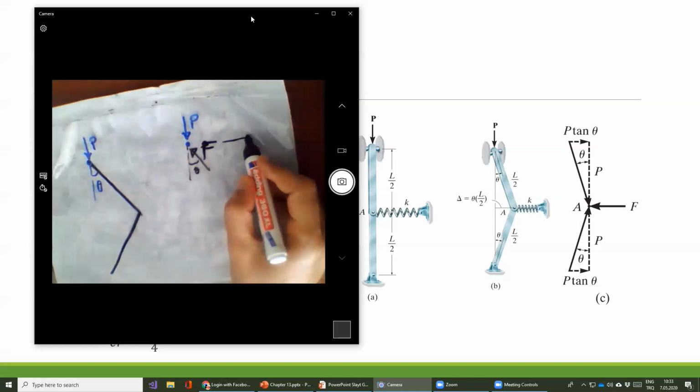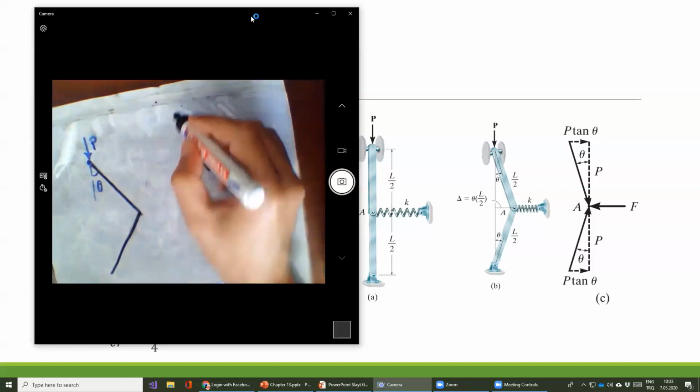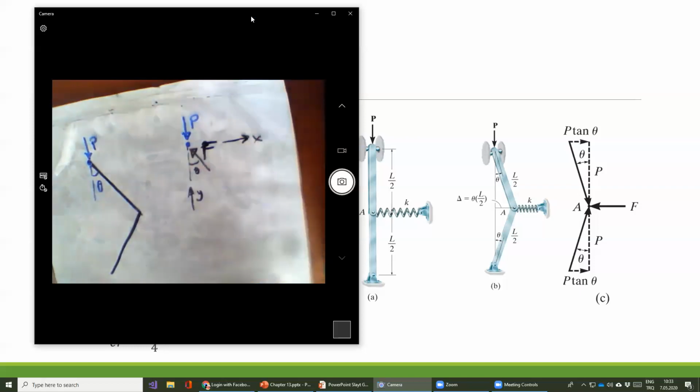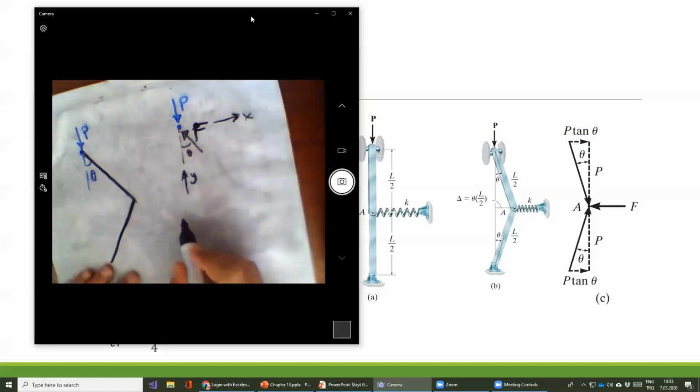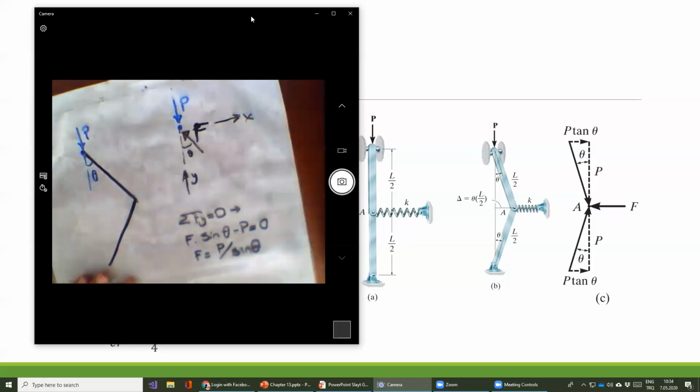I write x in this direction and y-axis in this direction. Sum of Fy is equal to 0. I can write F times sine theta minus P is equal to 0. So F is equal to P over sine theta.